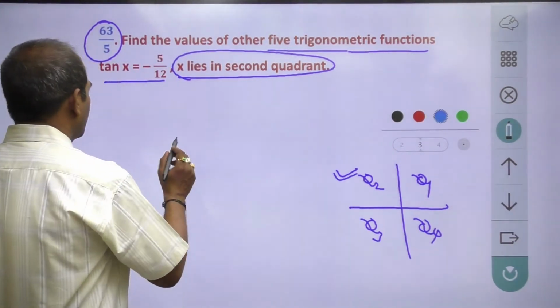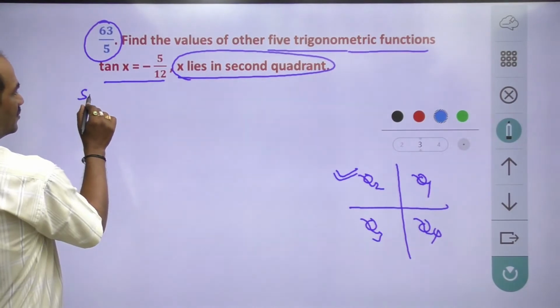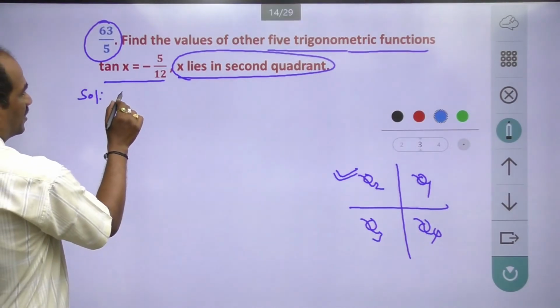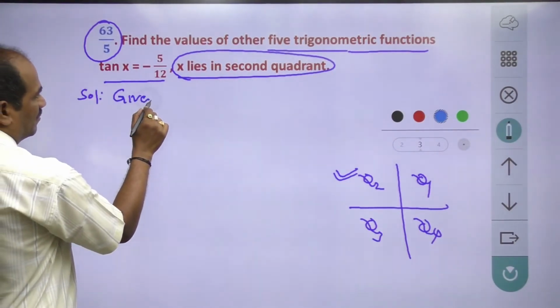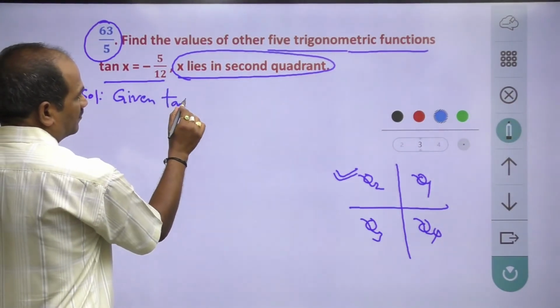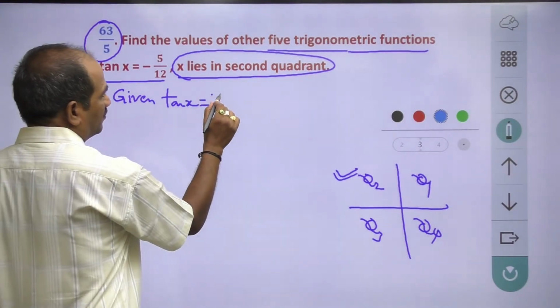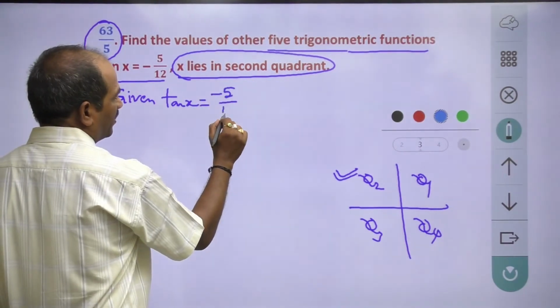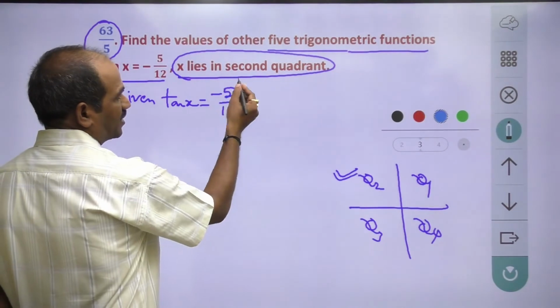Next, the given data: tan x is equal to minus 5 by 12, x lies in the second quadrant.